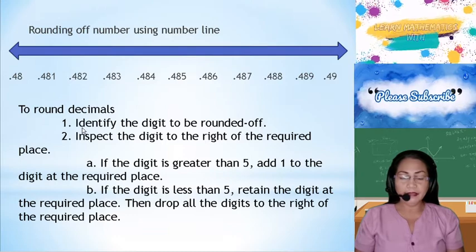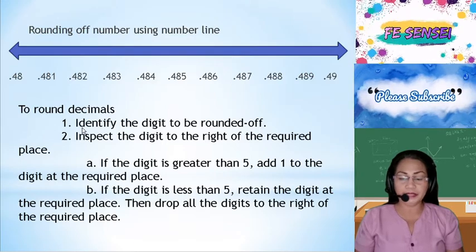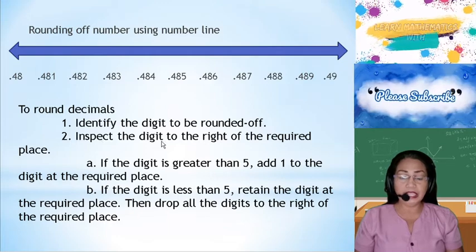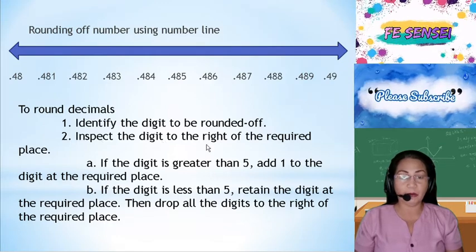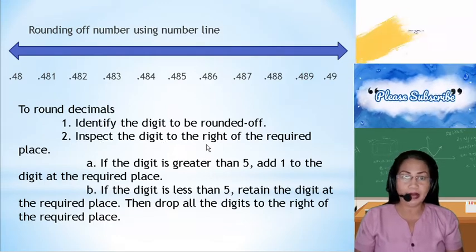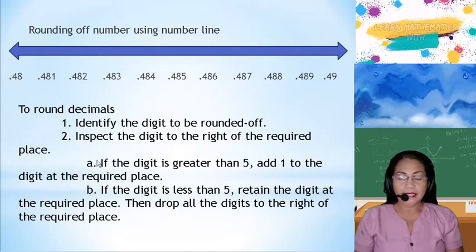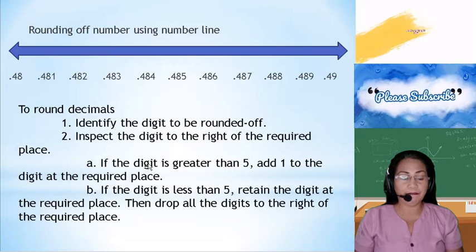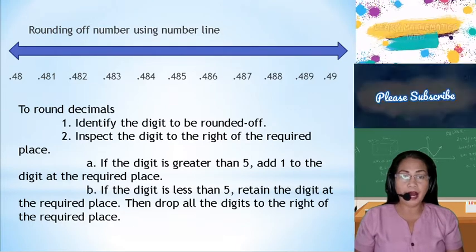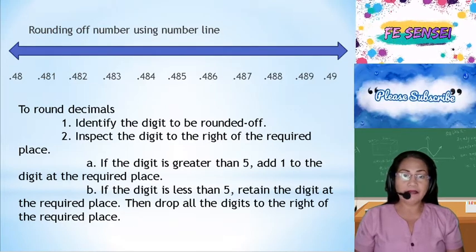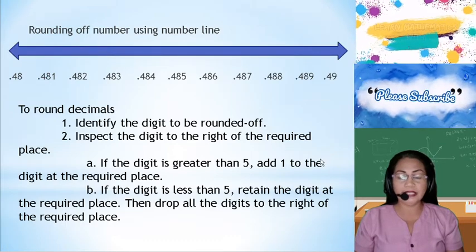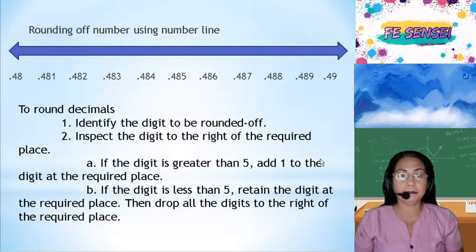First, identify the digit to be rounded off. Second, inspect the digit to the right of the required place. Then, A, if the digit is 5 or greater, that is 5, 6, 7, 8, and 9, add 1 to the digit at the required place.